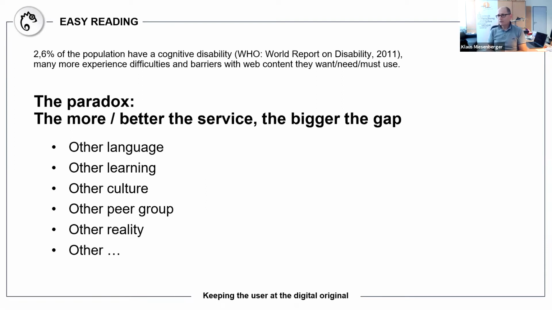And the more they use it, the more they learn coping with adapted content for them. And the paradox consequence is, the more and the better the services are, the more a gap is established between mainstream content, which they want to use, and the actual content which they learn with, which they work with, which they are using in everyday situations.